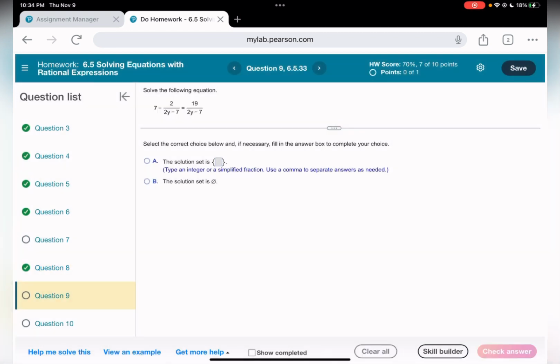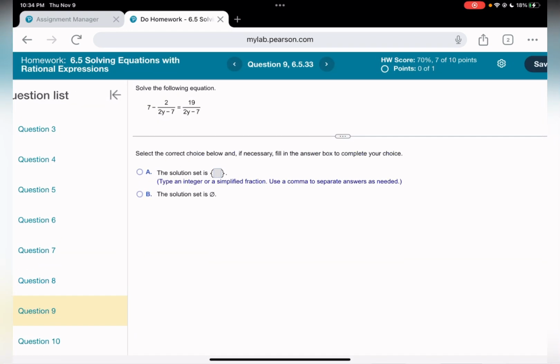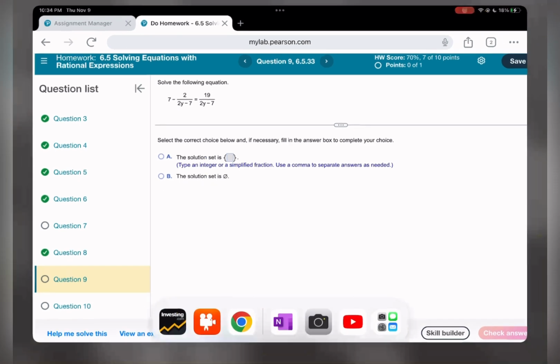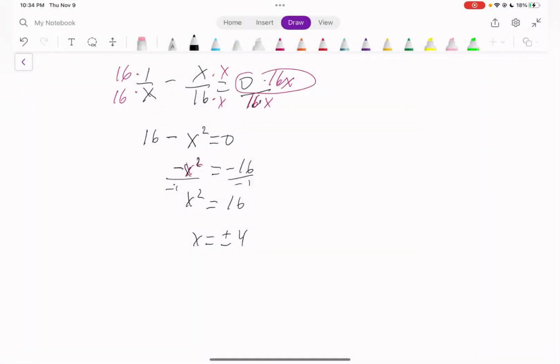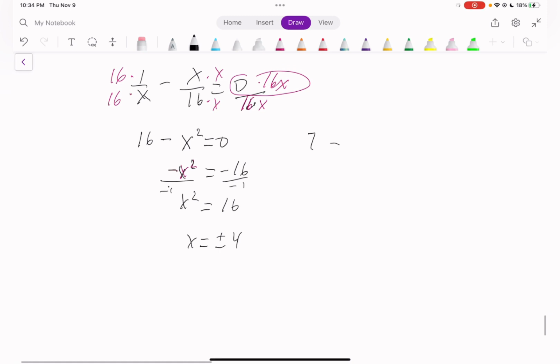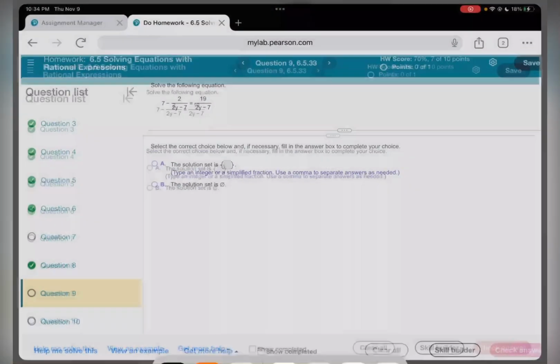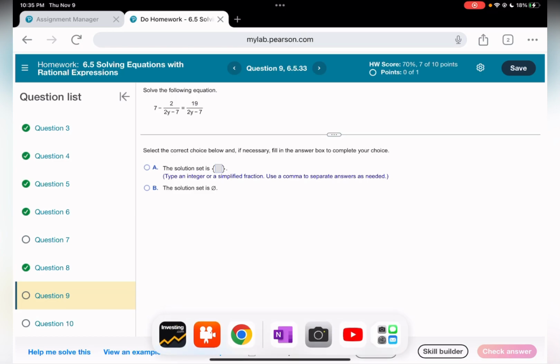Let me see what is number 9. Yeah, you can solve it, right? When you have 7, negative 2, 19. Hold on. I'll just show you how to do it, and you can take it from there. 2y minus 7, correct.